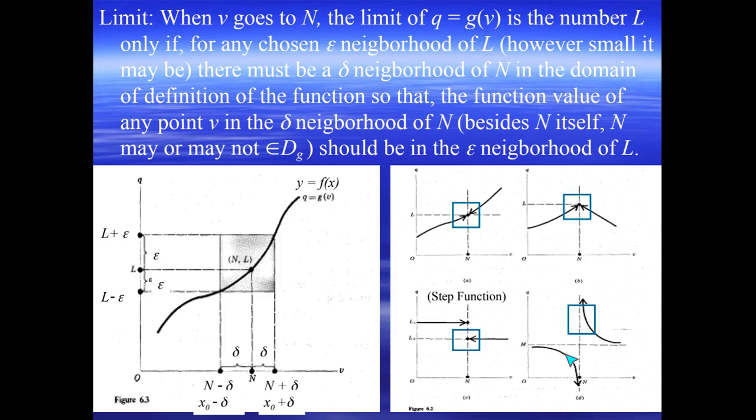Another example. Let's see. Q equals g of v equals 2v plus 5 over v plus 1. What is the limit of Q when v goes to plus infinity? Well, interesting. When v goes to plus infinity, 2 times v goes to plus infinity as well. Plus 5 doesn't mean anything, it is constant.